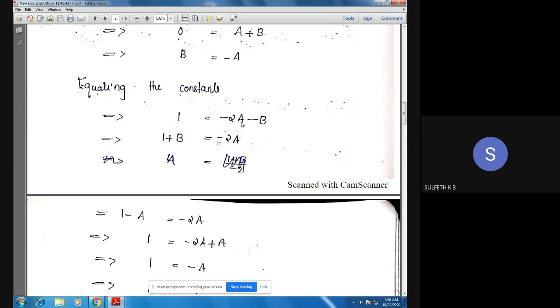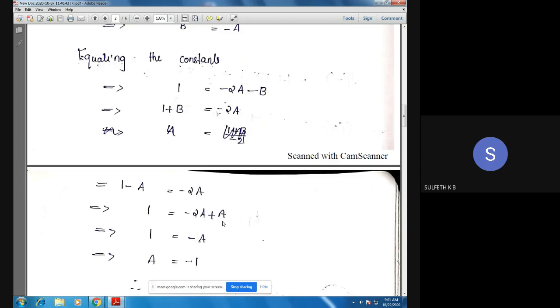You can put the value of B directly here. In this step, you can directly substitute B equal to minus A, then 1 is equal to minus 2A minus minus A plus A.